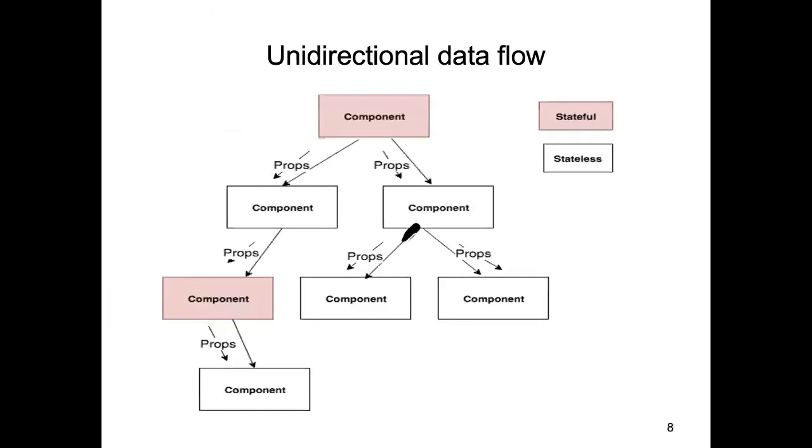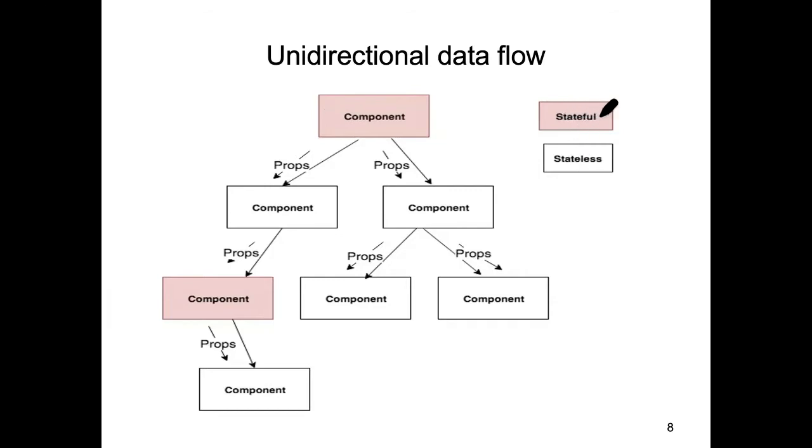So if this is a generic representation of a fictitious app that we have, I've got my hierarchy of components, and there are a number of messages that I want to get across from this slide. The first thing is I have two different types of components, by virtue of what we've just been talking about, and I'm using a coloring scheme to distinguish one type from another.